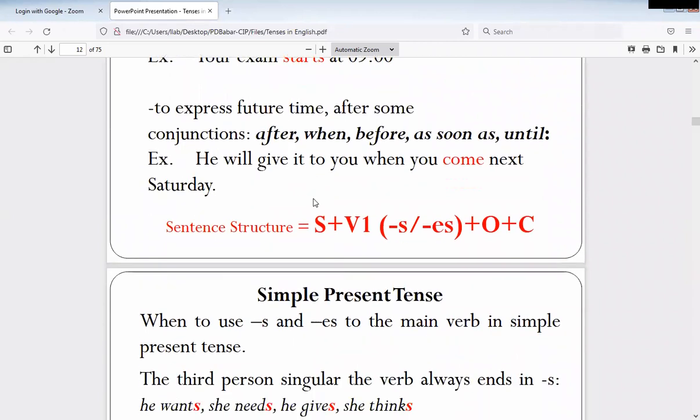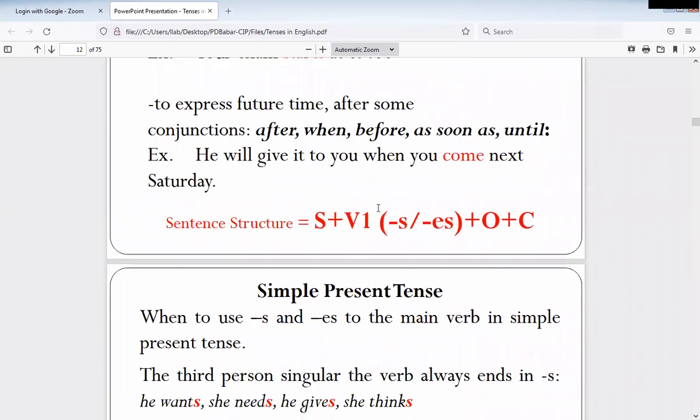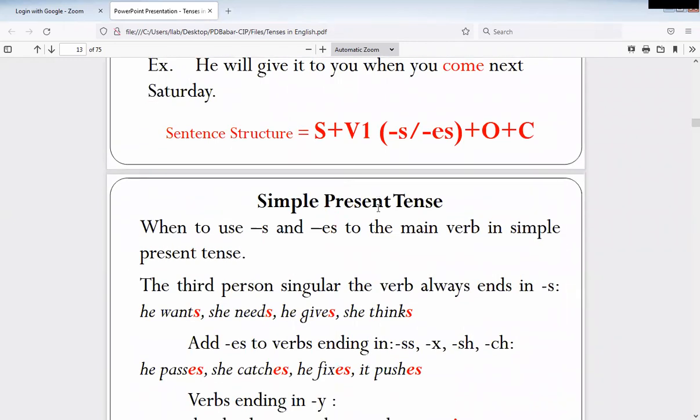The sentence structure of this tense is subject plus V1, that is the first form of the verb, the present form, and we add the s or es suffix to it when there comes he, she, it as a third person singular.